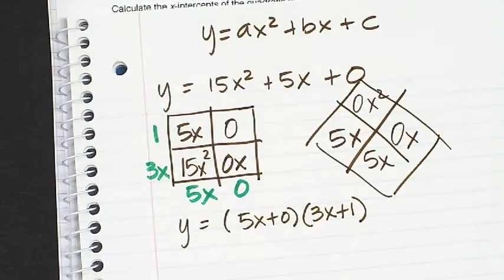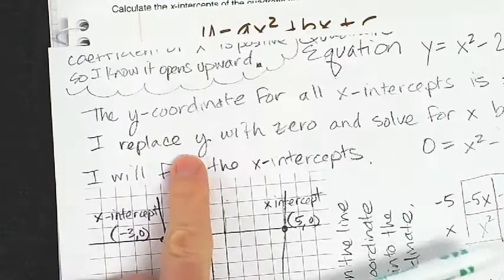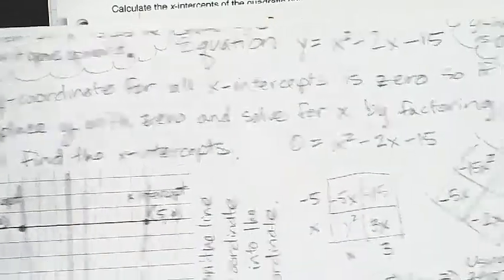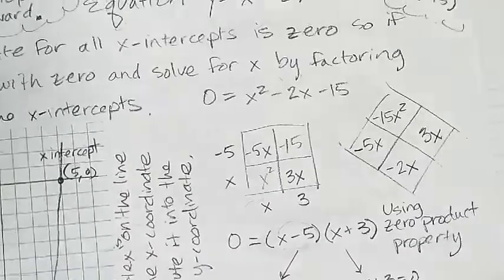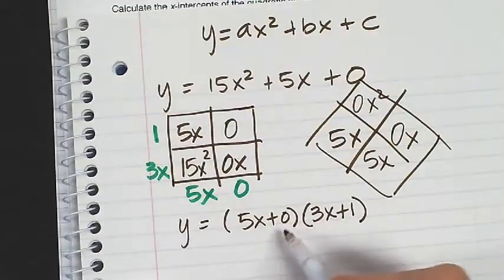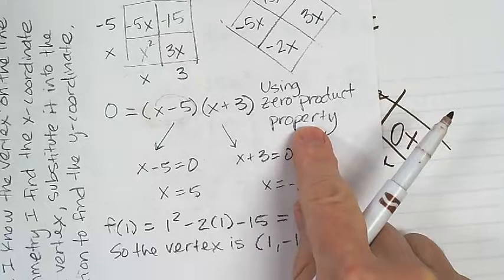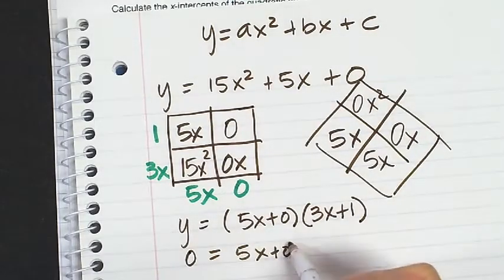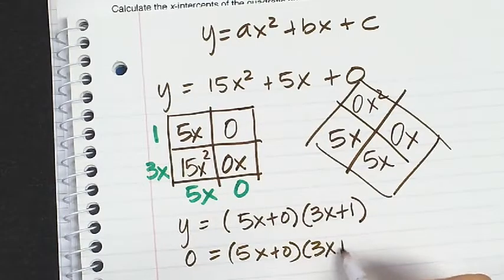So same steps. I'm going to replace y with 0. We've already factored it, and that's going to give us the x-intercepts. So we're going to use the zero product property here. 0 equals 5x plus 0 times 3x plus 1.